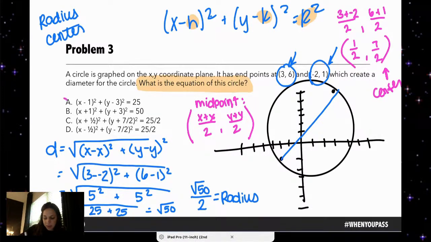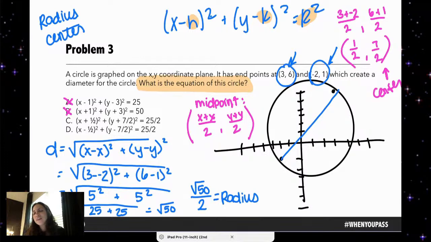So it's not going to be A and it's not going to be B. So my options are (x + 1/2)² + (y + 7/2)², or (x - 1/2)² + (y - 7/2)² = 25/2.